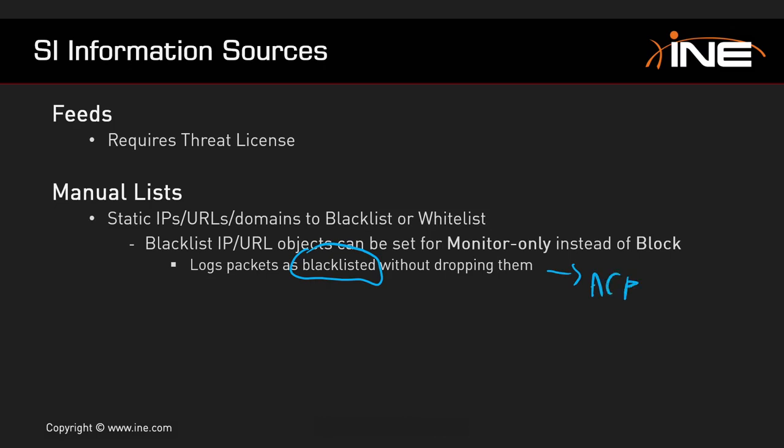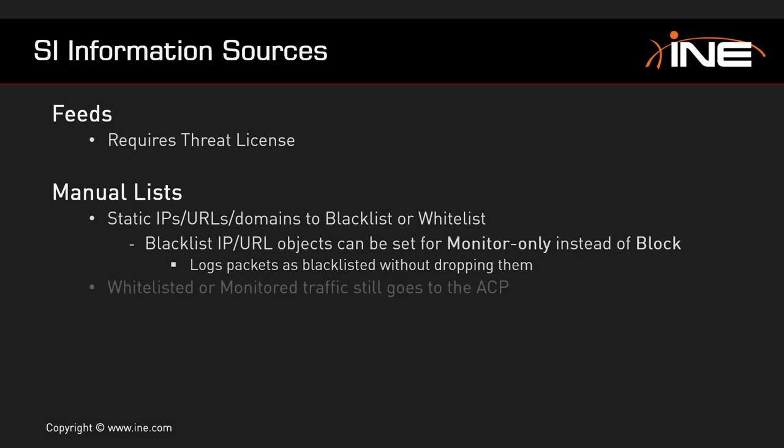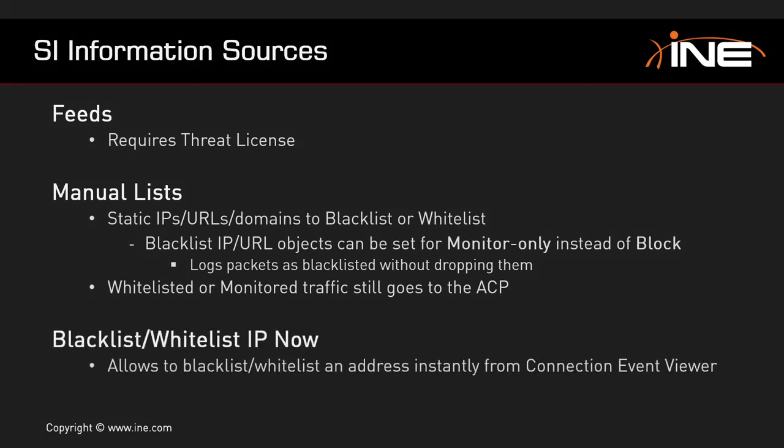So this is good for pilot-like deployments when you want to see what would happen if you were to actually use blacklist for real. A key takeaway, as I mentioned, whitelisted or monitored communication still goes to the ACP. It's not like when you say that you want a whitelist, you will allow the packet without further inspecting it.